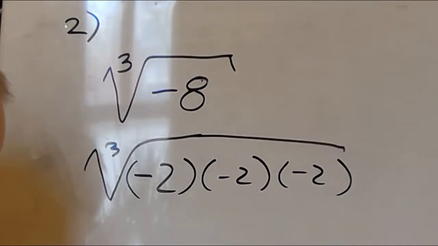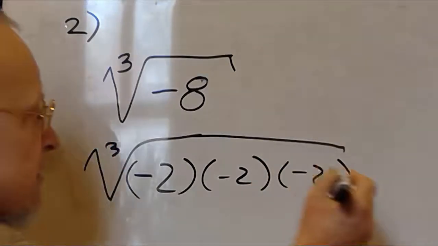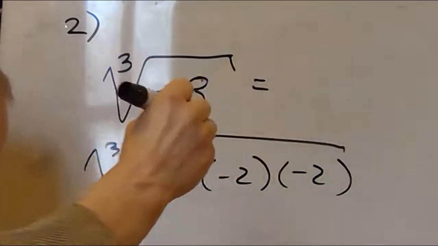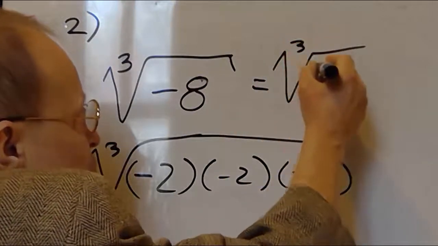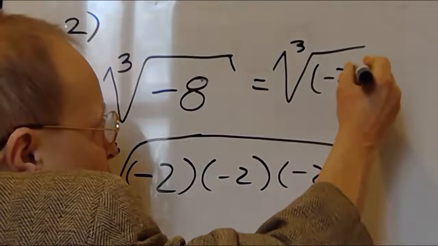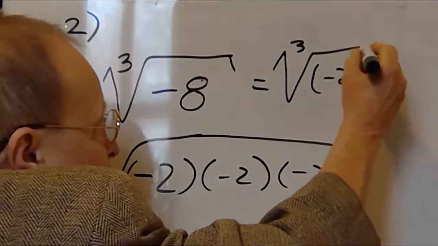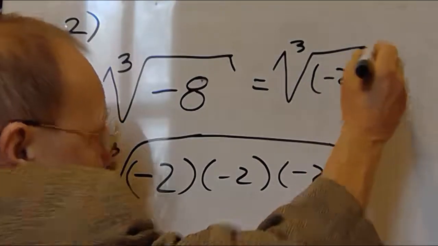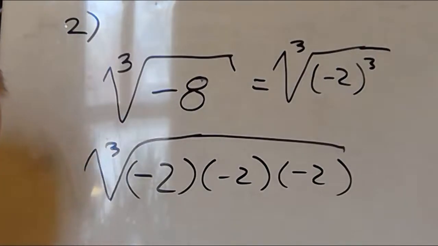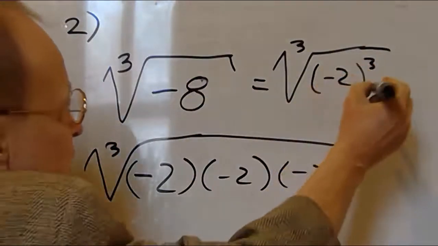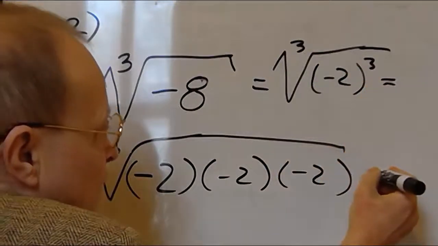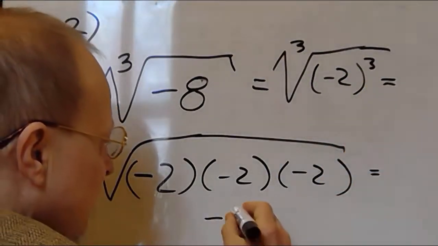So that actually works fine. So this will be really equal to the cubed root of negative 2 cubed, and that will give us a final answer of negative 2.